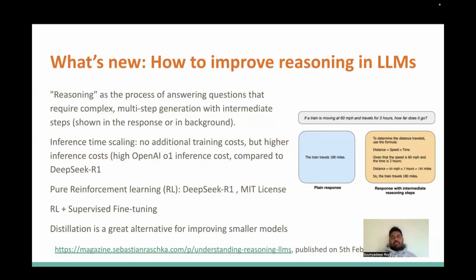It is not like you're explaining the answer, but to generate that answer you need to go step by step through multiple steps. So they are defining reasoning as the process of answering questions that require complex multi-step generation with intermediate steps shown. The intermediate steps can be shown directly in the answer, that is, in the response generated by the LLM, or it can be done in the backend and you just get the final answer, right?